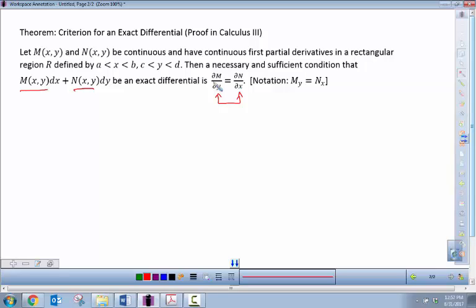Okay? So this is it. And then we're going to use some Calc 3 techniques to solve for f, to find our original function f given this differential.